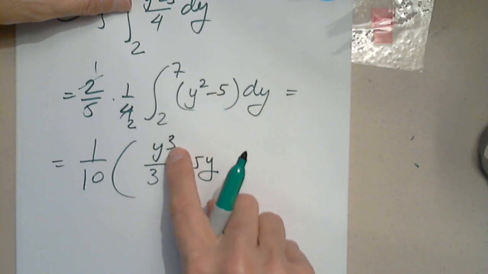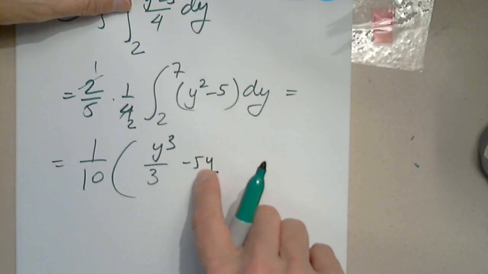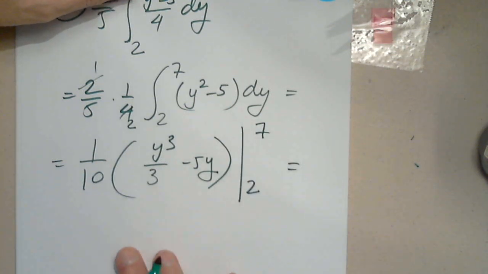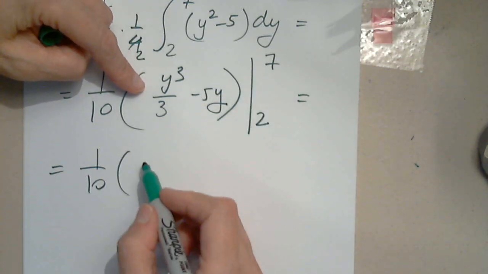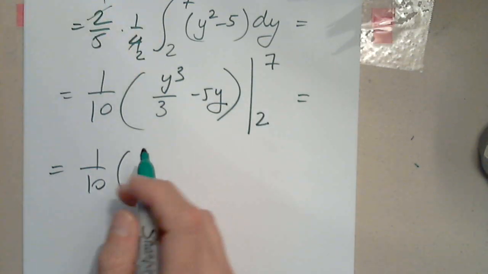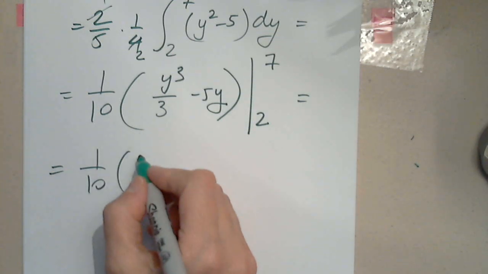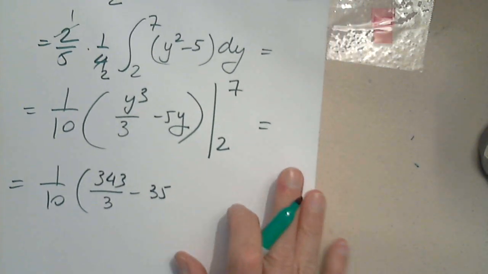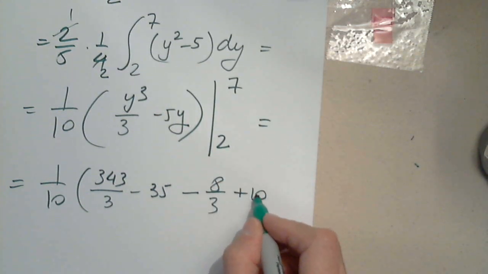I have to increase the power and divide by the same number, and the derivative of negative 5y is negative 5, from 2 to 7. Okay. I better get the same answer. It has to be. So I have 7 to the third power, 343 over 3 minus 35. Careful now, minus 8/3, but plus 10.